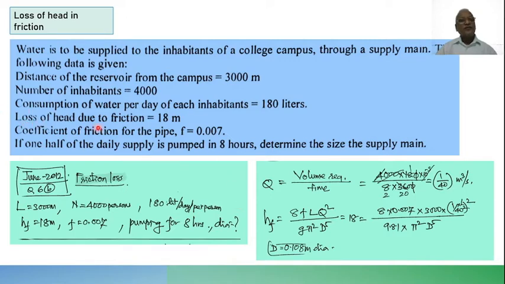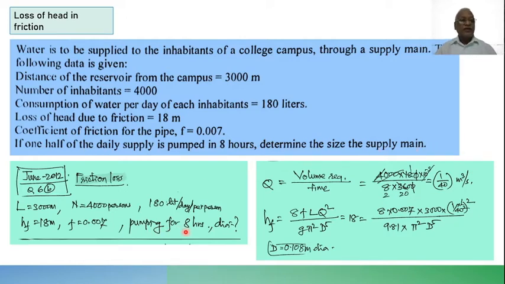Then loss of head due to friction is 18 meters. They have given it. Coefficient of friction F equal to 0.007. Okay. If 1/2 of the daily supply is pumped in 8 hours, determine the size of the supply main.